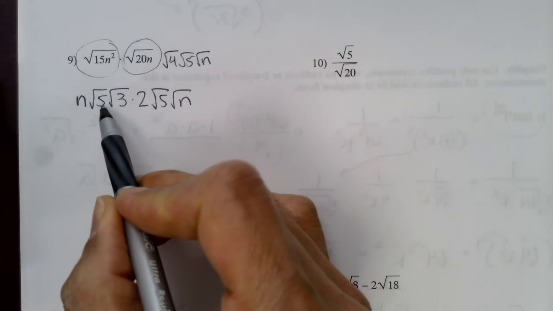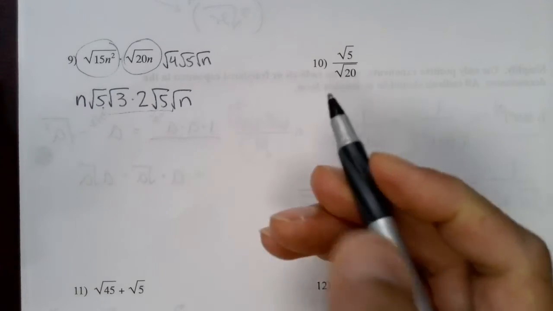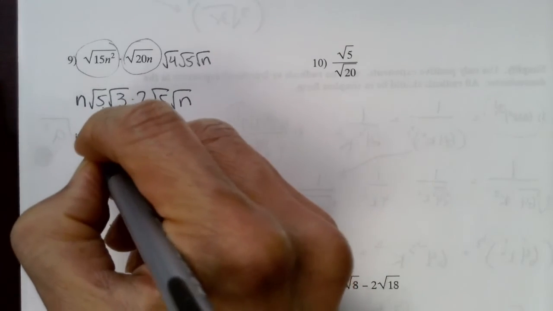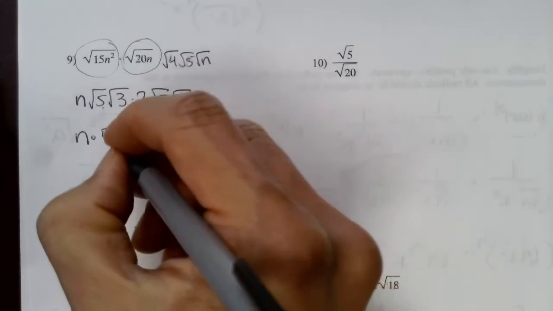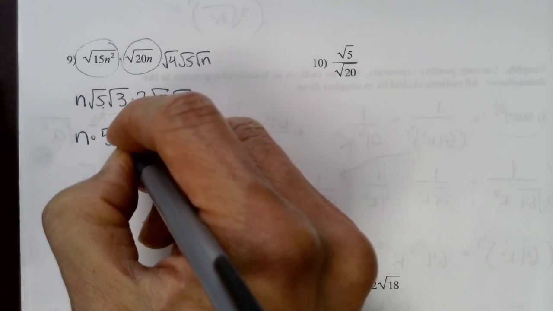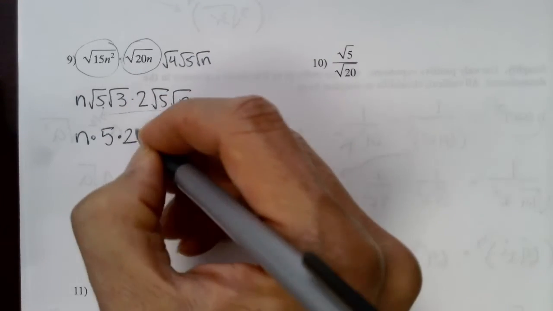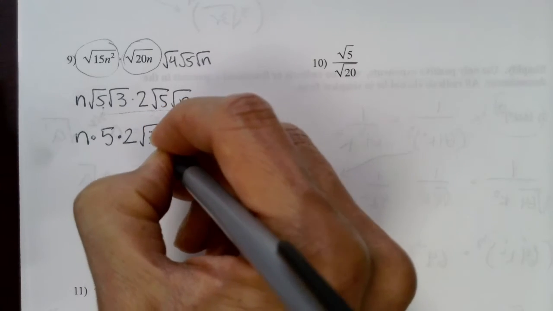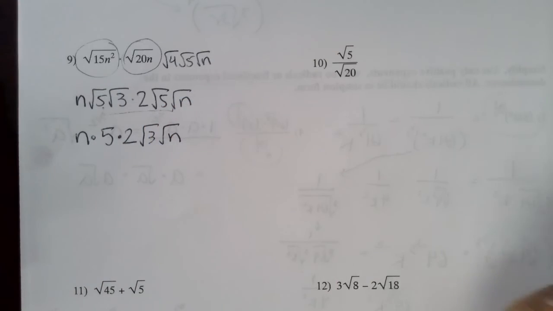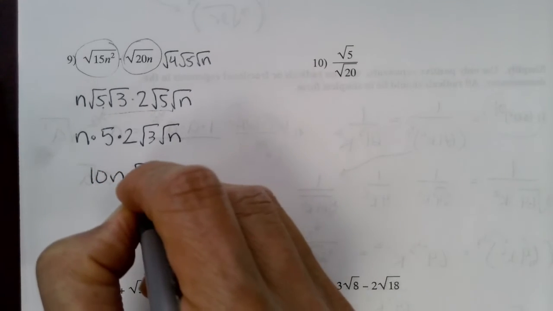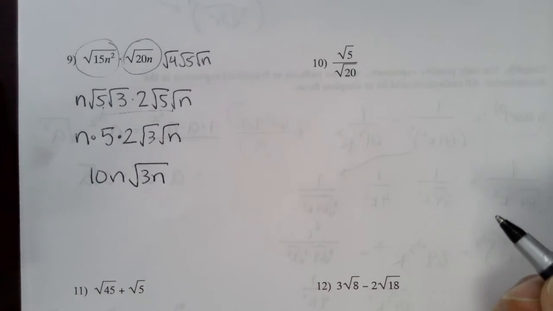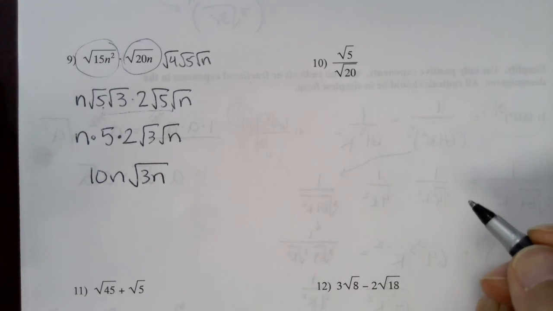Root 5 times root 5 is 5, so then I have n times 5 from these two. I'm left with, I'll flip these around, 2 and root 3 and root n, so I can multiply that out to 10n, and this I can say more simply as root 3n.